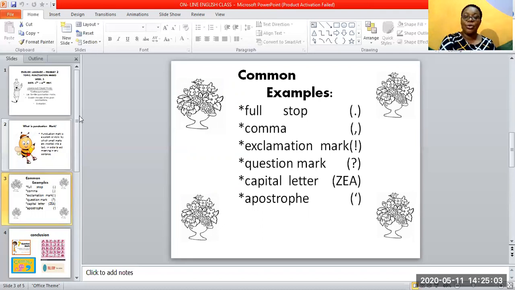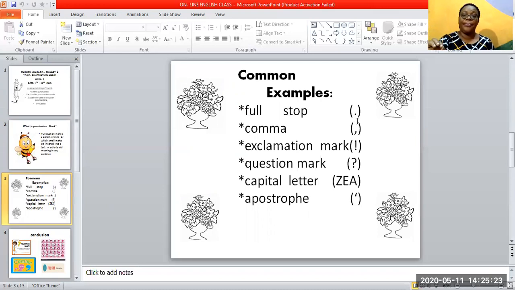All right, so let's look at the full stop. Are we together? The full stop is a dot, at the end of every sentence.